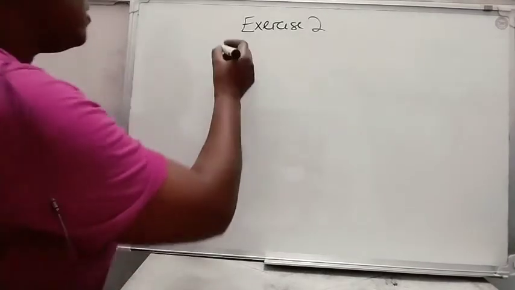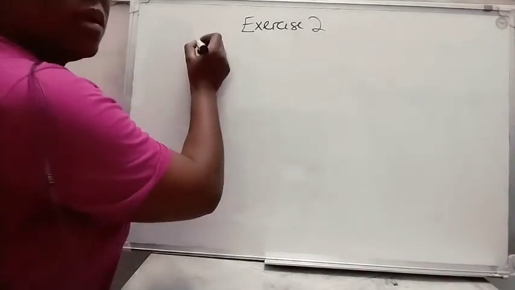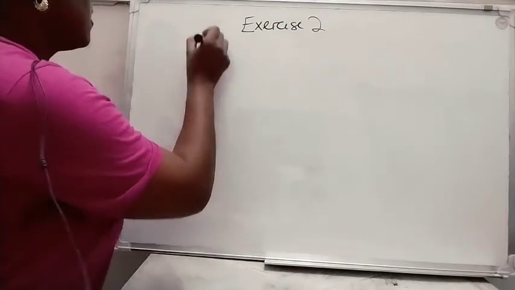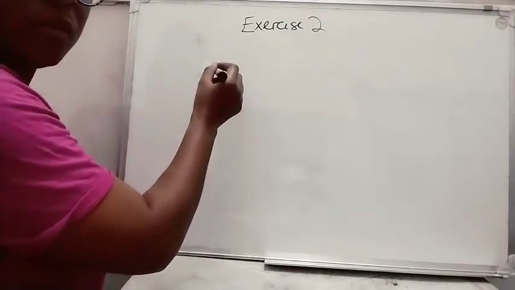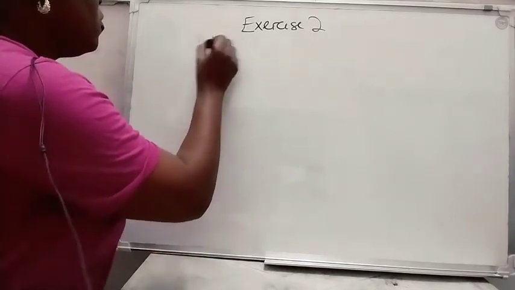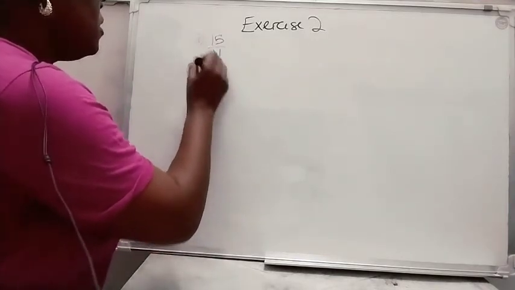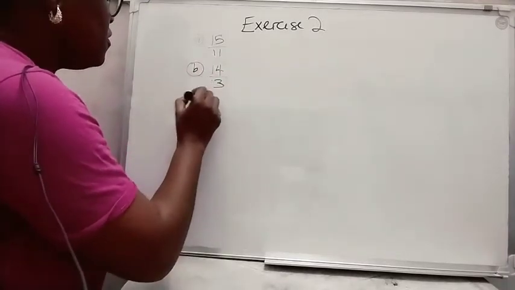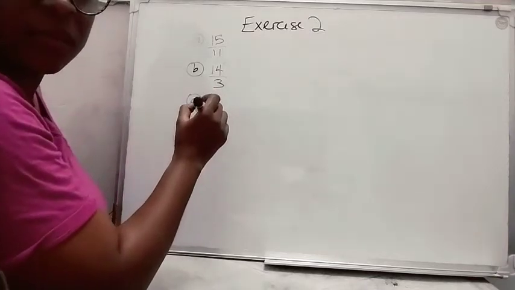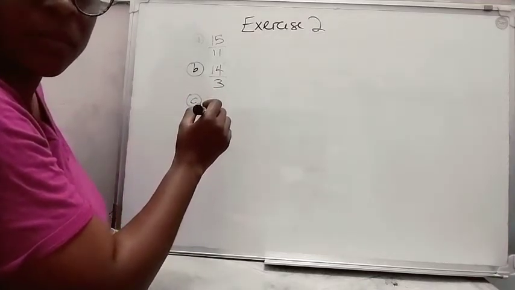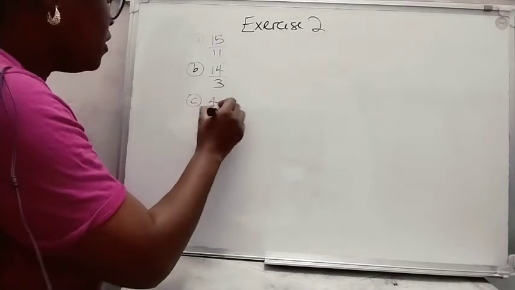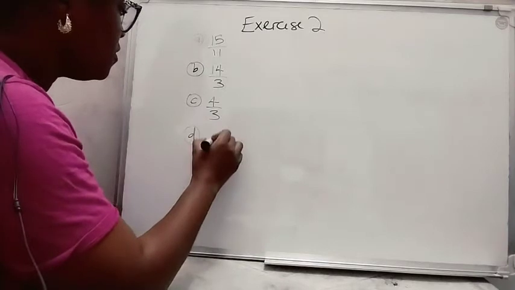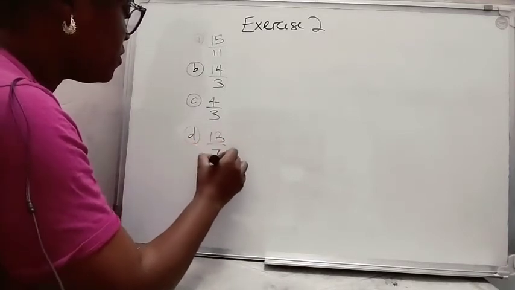So what we have is A. Start from here. That's A. A is 15 over 11. B is 14 over 3. C is 4 over 3. D is 13 over 7.